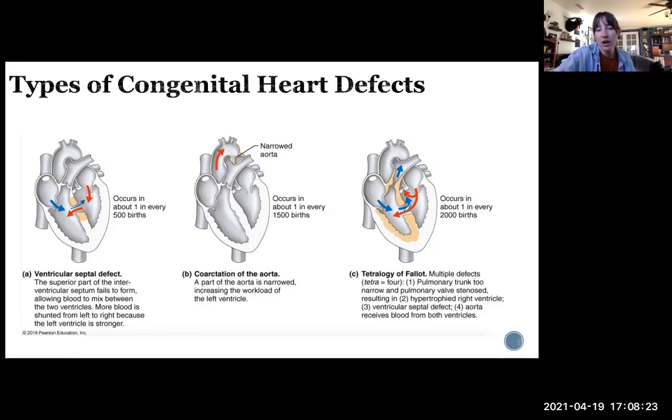So not only do you have a smallish right ventricle that's working too hard to get blood to the lungs, but that blood is partially oxygenated because of the septal defect. And you have deoxygenated blood getting into the left ventricle, which is going to be passed to the rest of the body, which means that you're going to feel tired because your body cells are not receiving pure oxygenated blood, which is a problem, right?